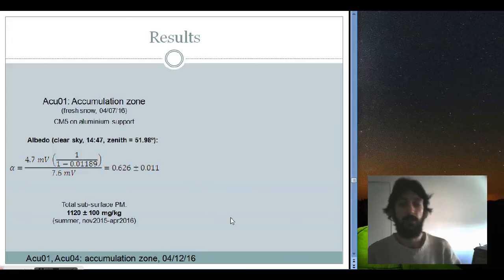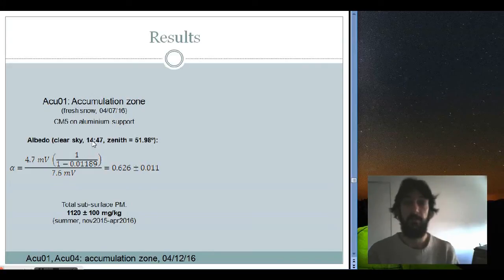And what about the other two sites? We also have albedo measurements. So I'm going to show you that. For a clear sky situation at a zenith of 52 degrees, we measured an albedo of 0.626. It was for fresh snow, right? It's fresh snow.